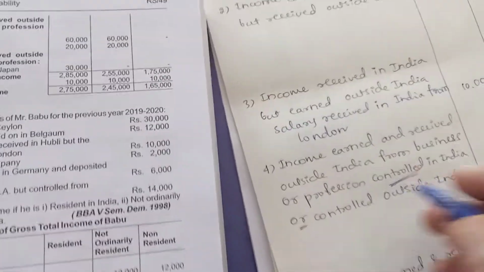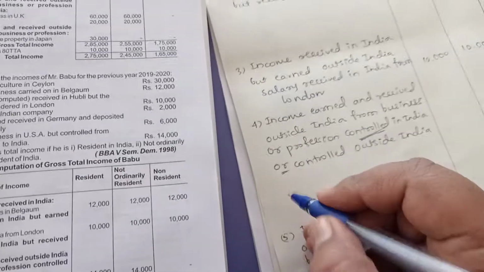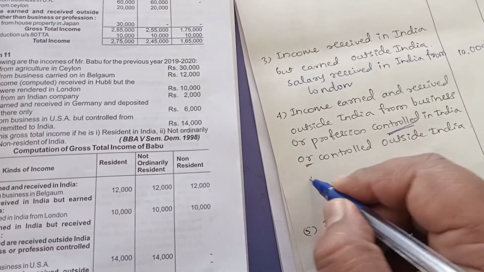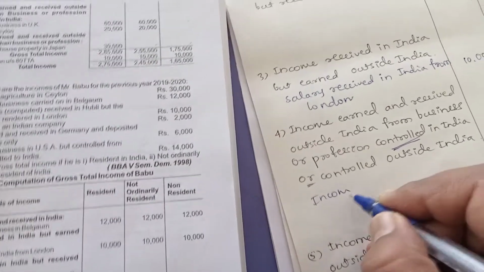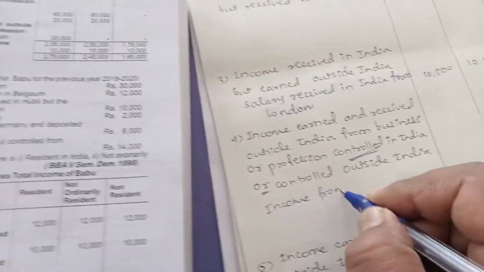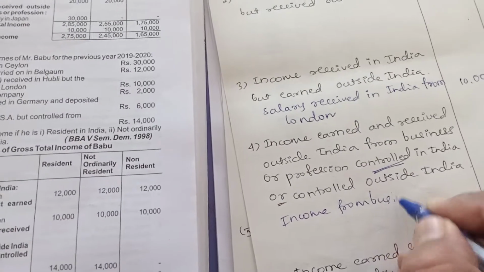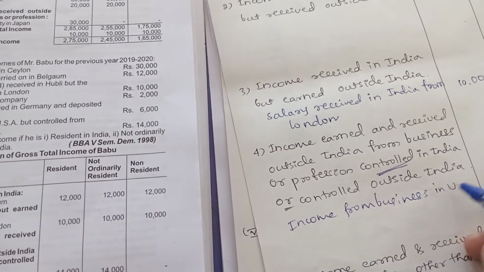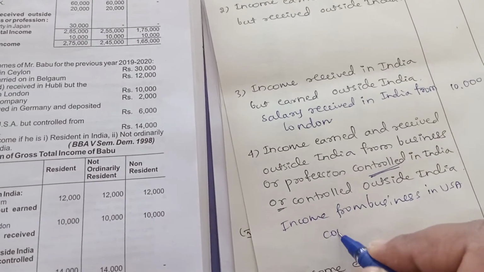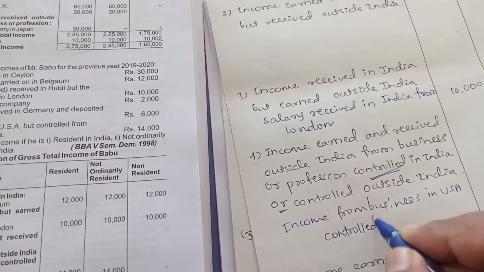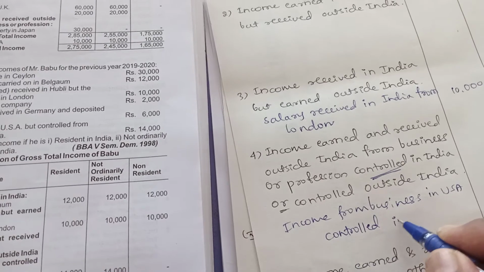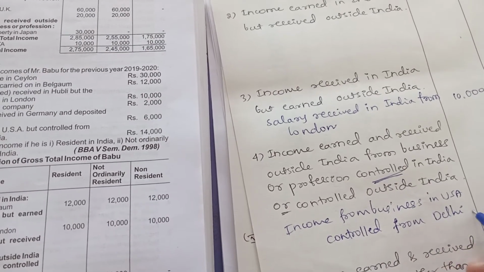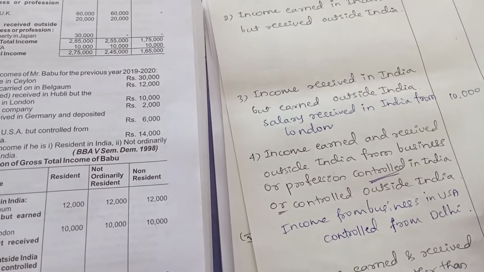That is why we are going to write: income from business in USA controlled in India or controlled from Delhi amounted to rupees 14,000.